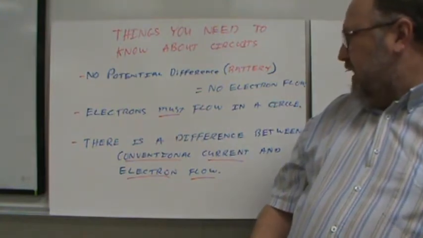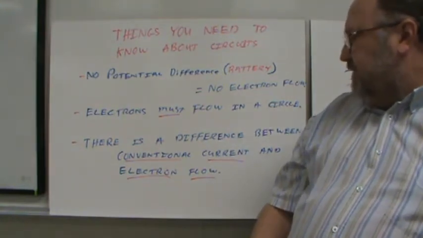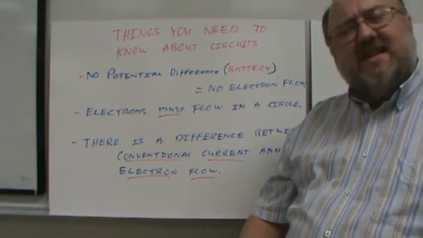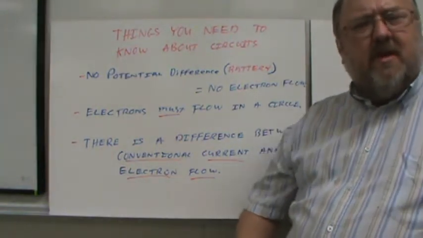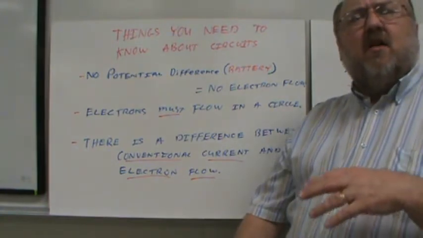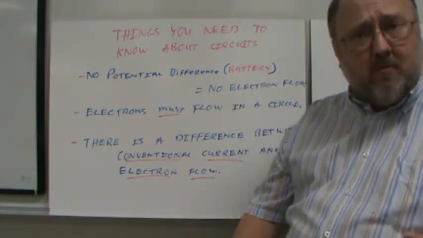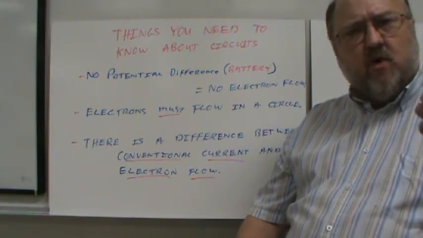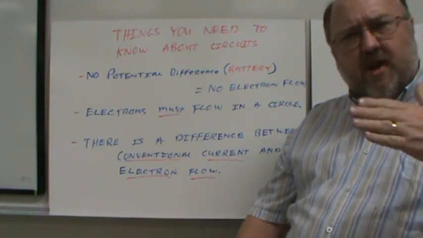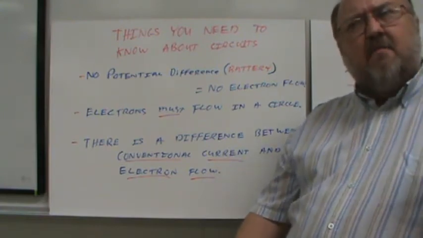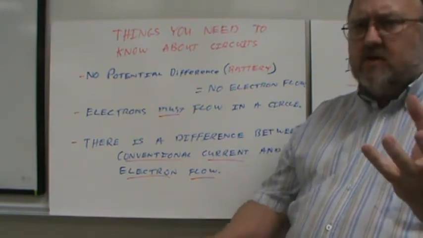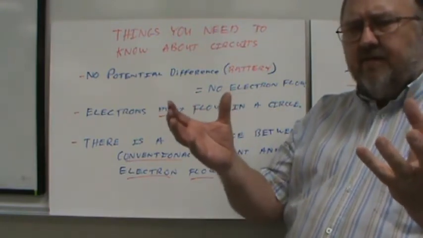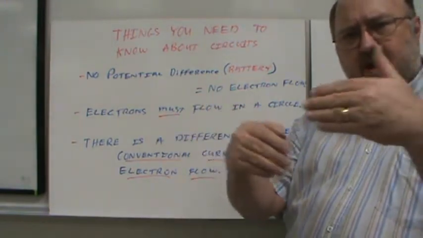And number three, there is a difference between conventional current and electron flow. I wish this weren't the case. It's Ben Franklin's fault. When Ben Franklin was cooking up the idea of positive fluid, remember we talked about how he thought there was a fluid flowing that was invisible and odorless and colorless. Some materials had more of the positive fluid and some had more of the negative fluid, and he thought when they came in contact they were flowing.